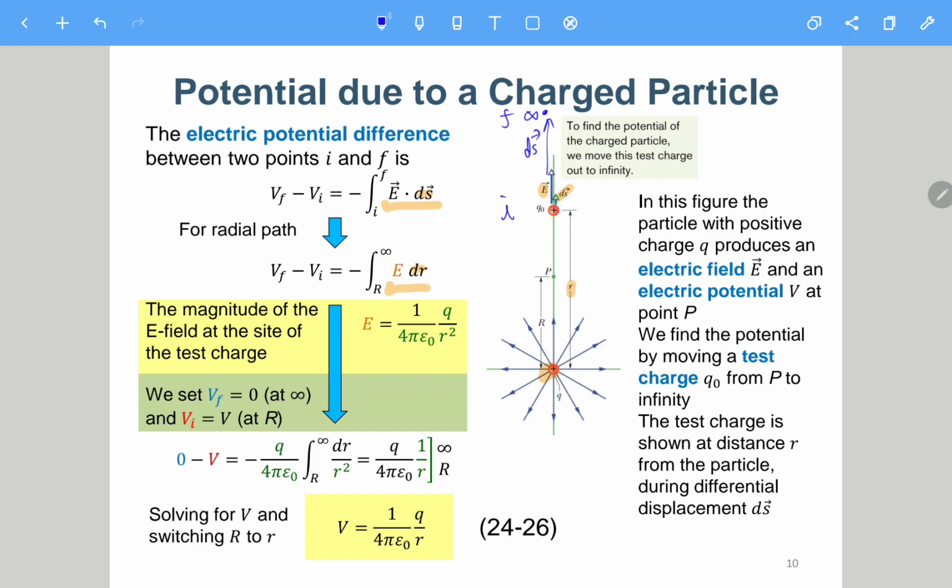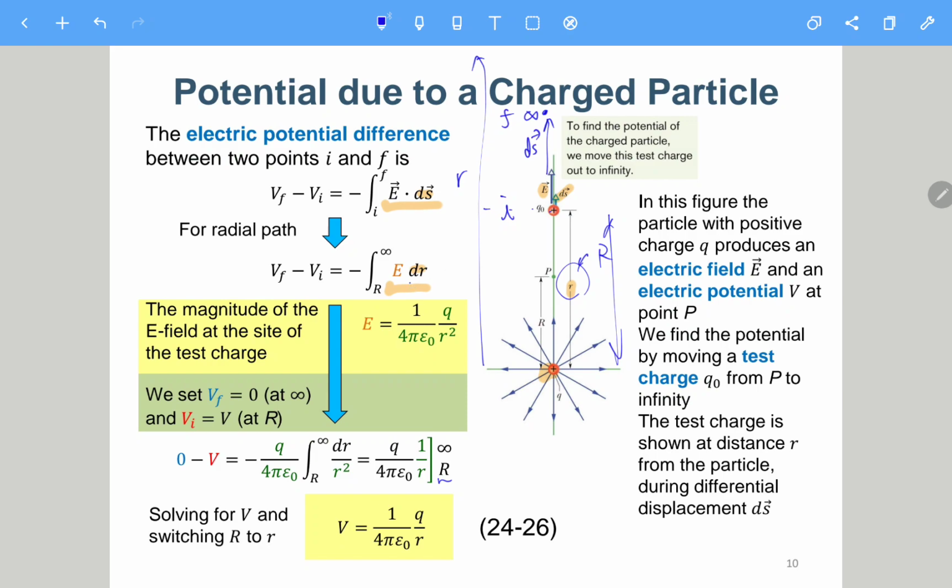And then, here we consider this is the r axis. This point will be from capital R. So just consider it to be capital R first, and finally we change it back to small r.